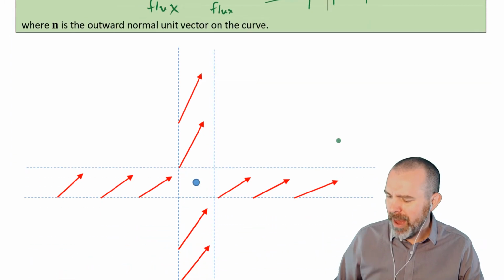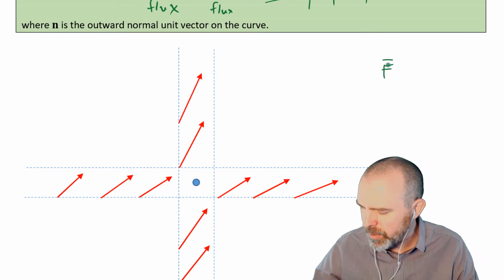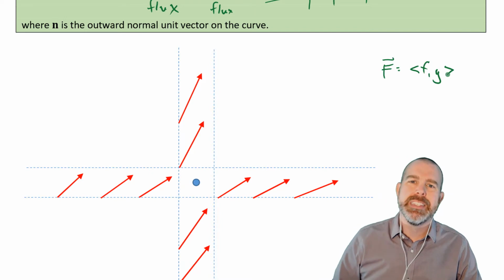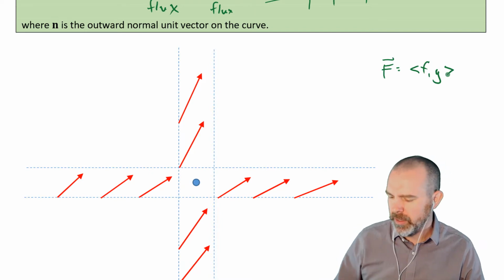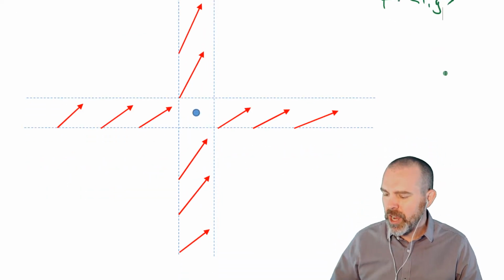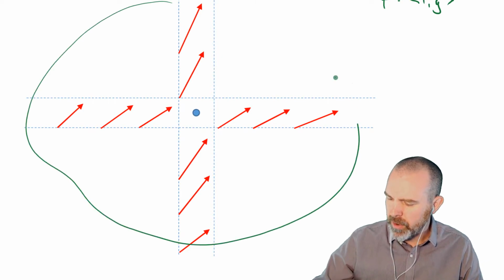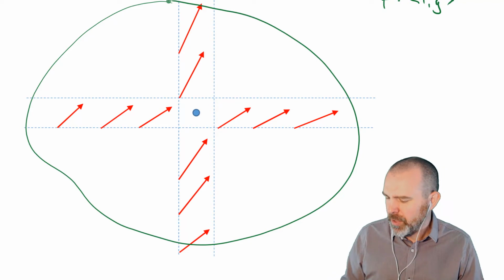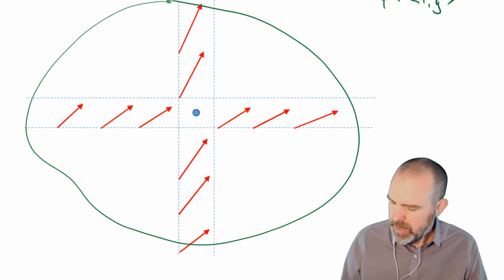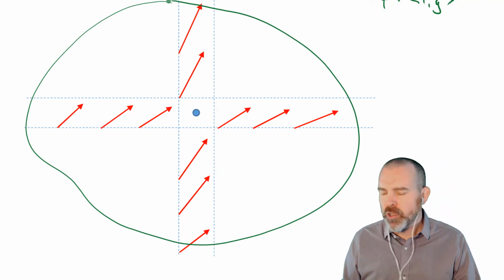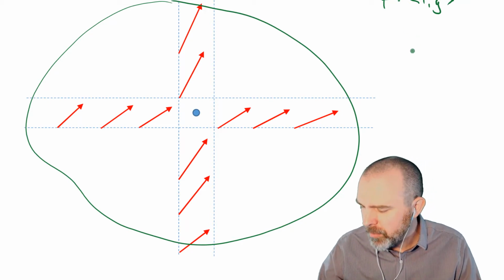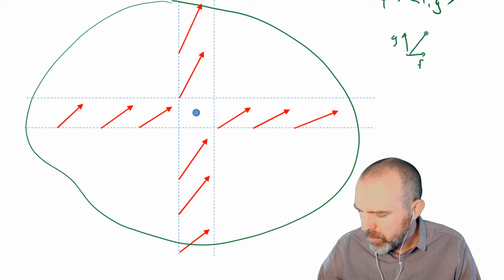Let's talk a little bit about what those might mean. This visual is not quite as easy to see as the rotation was in the previous one. We're going to try to show that if there's some kind of curve around this, it will give a positive flux for this particular example. Of course, it won't always. So we need the partial derivative of f with respect to x. f is the x component of our vector.